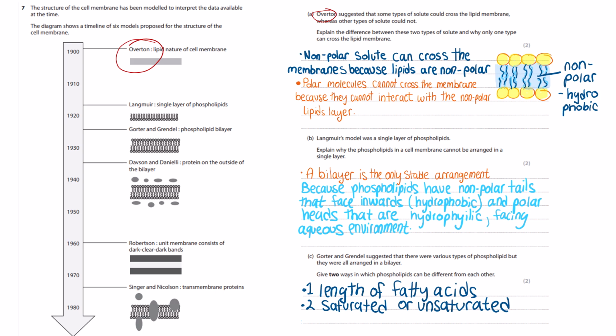Okay, Langmuir's model was a single layer of phospholipids. Explain why the phospholipids in the cell membrane cannot be arranged in a single layer. Well, it's not going to be stable, okay? So a bilayer is the only stable arrangement. In biology, it's very important for cells to be stable so that chemical reactions can occur.